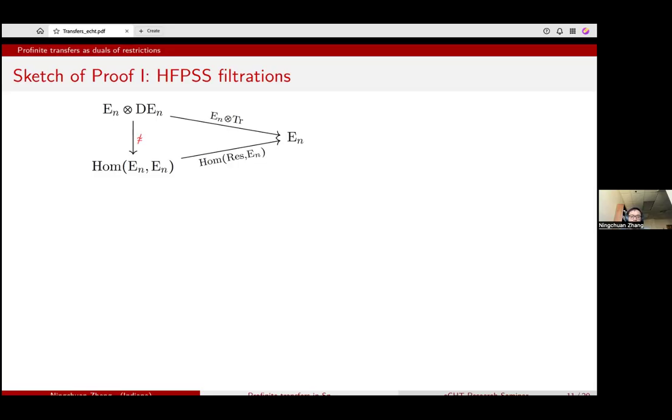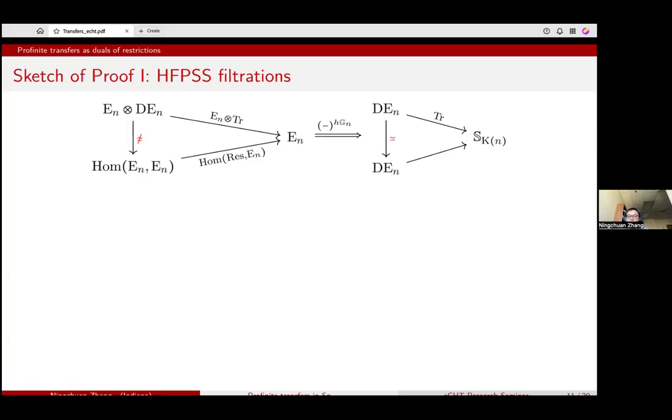And even though this vertical map is not an equivalence, this triangle is G_n equivariant, and that means we can take continuous fixed points by the action of the stabilizer group. It turns out the fixed points of the source and target of the vertical map, miraculously, are the same. They are both the dual of Morava E-theory. Moreover, this map, after taking homotopy fixed points, is an equivalence.